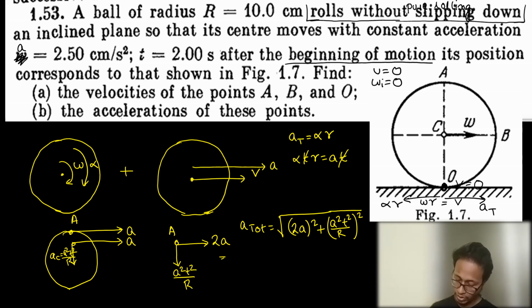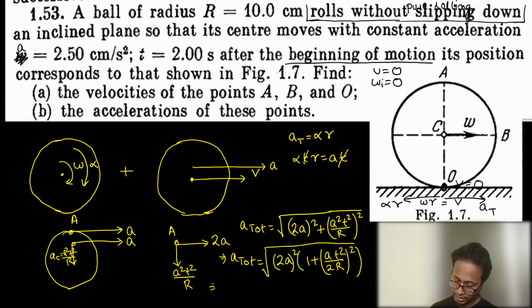If I take 2a common, I get 2a times the square root of 1 plus (a t square by 2r) whole square.